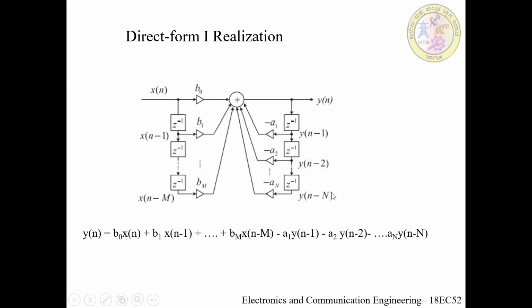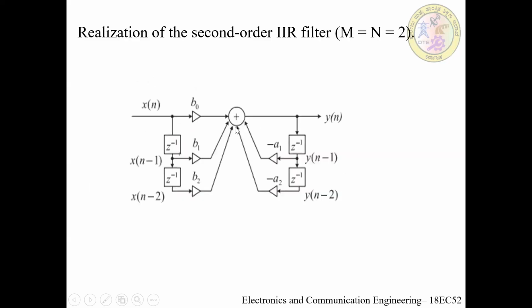As m is equal to n, which is equal to 2, we can observe here our y of n will be b0 into x of n plus b1 into x of n minus 1 plus b2 into x of n minus 2 minus a1 into y of n minus 1 minus a2 into y of n minus 2. So this represents a second order IIR filter using direct form 1 structure.